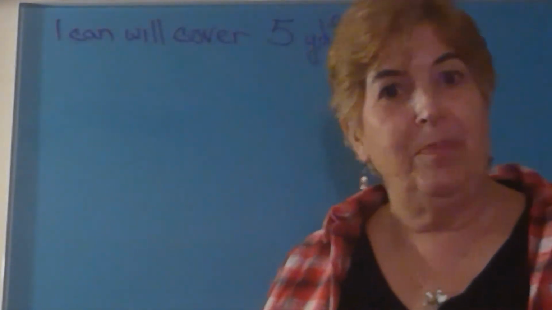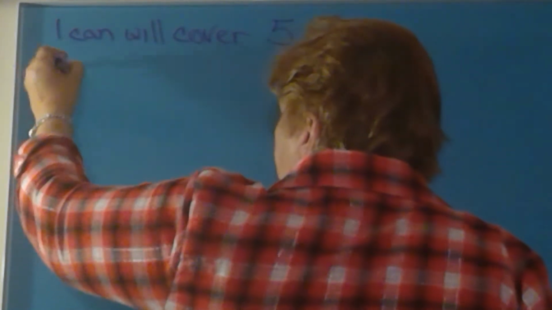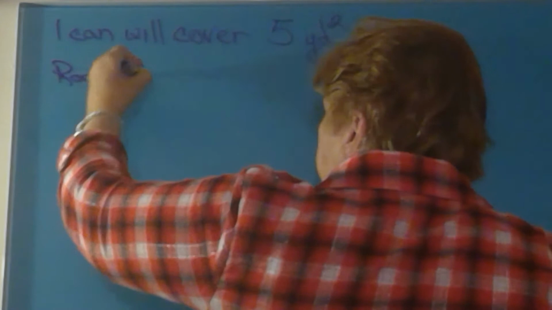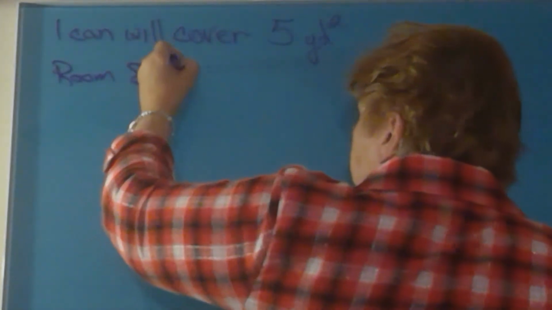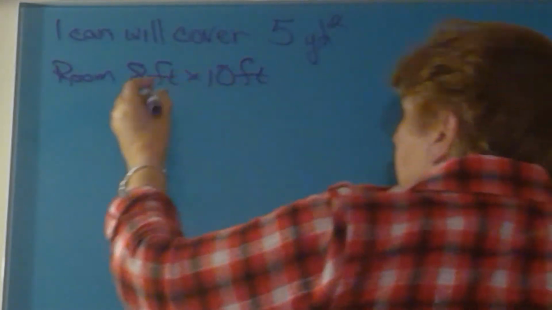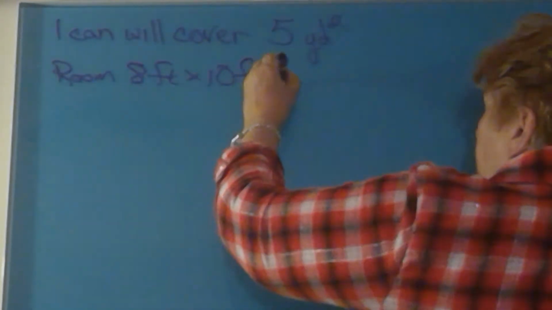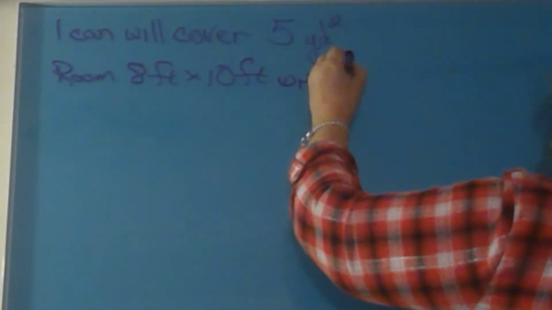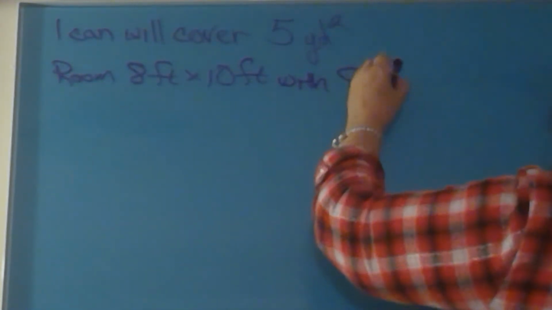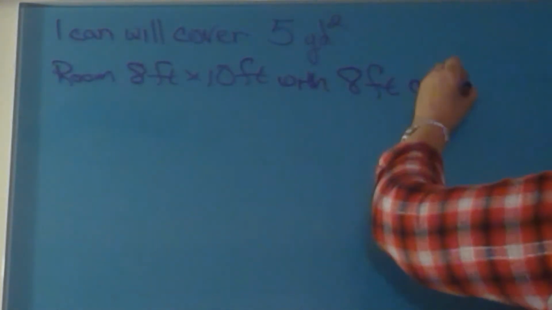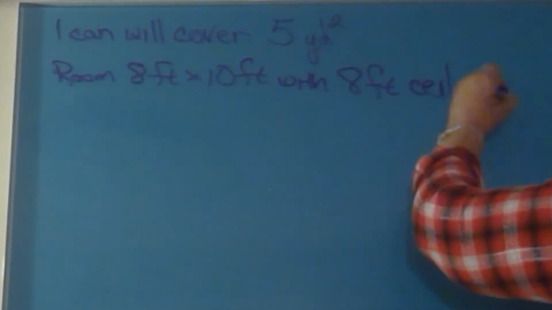This would be in square units because you don't fill a room with paint. You usually just paint the walls. And let's say the room that you have is 8 feet by 10 feet with 8-foot ceilings.